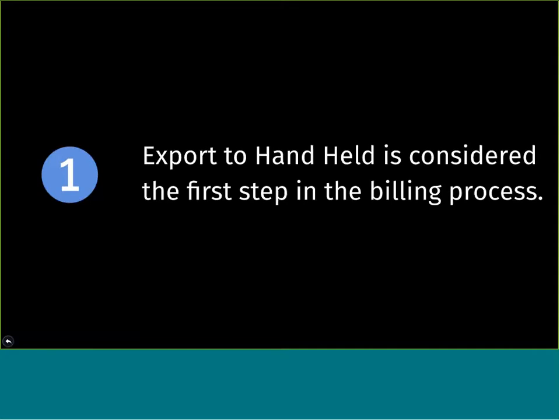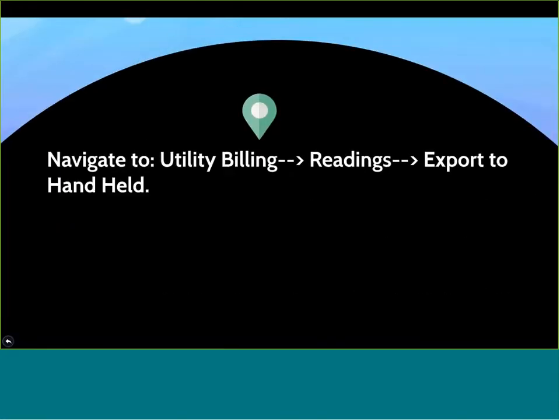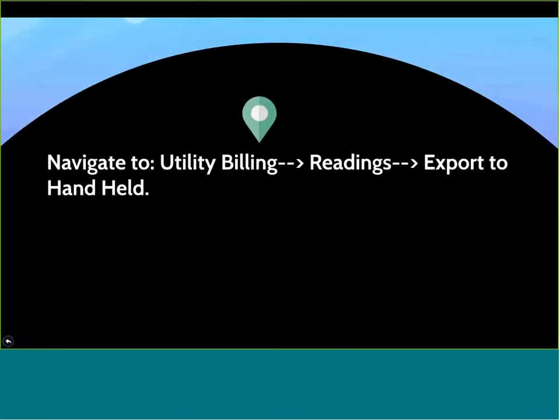All right, so the first step in the billing cycle or billing period is exporting to handhelds. This is what I consider the first step because so many things are linked to it. In order to get your readings to come back in, you have to export your readings from ICIS first to your handhelds or however you're going to gather readings.